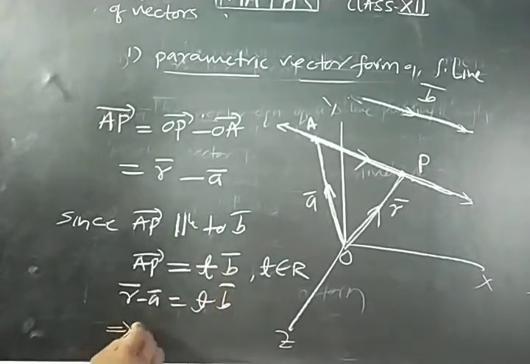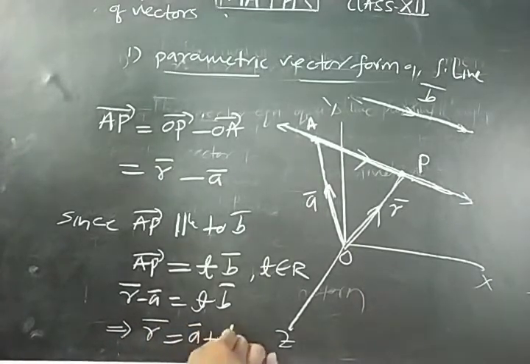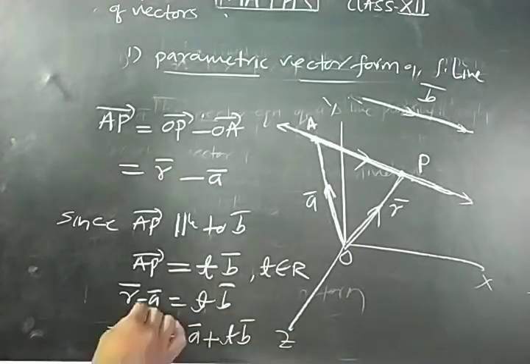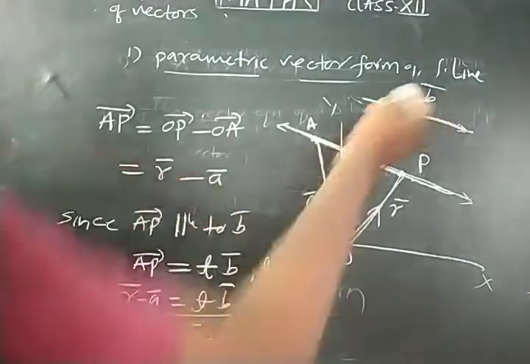That implies r bar equals a bar plus t into b bar. This is the parametric form of the straight line.